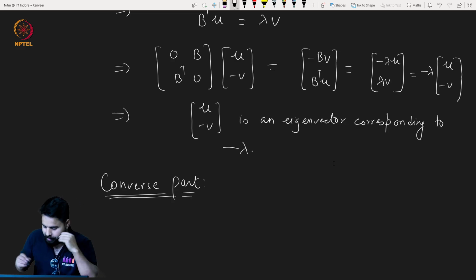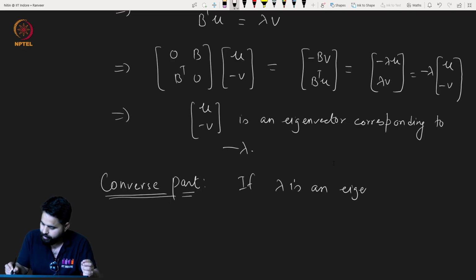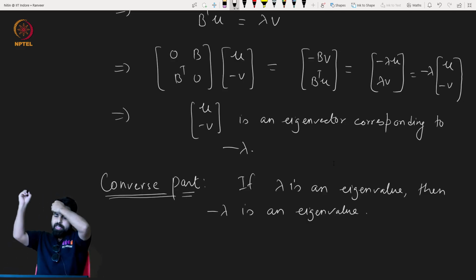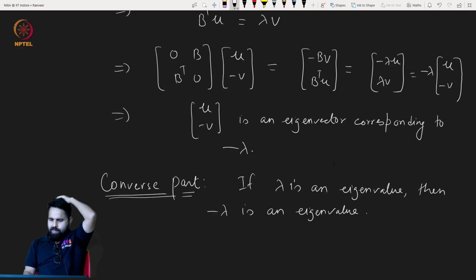Given is: if lambda is an eigenvalue, then minus lambda is also an eigenvalue. This is given to us. So using this fact, what can I prove?